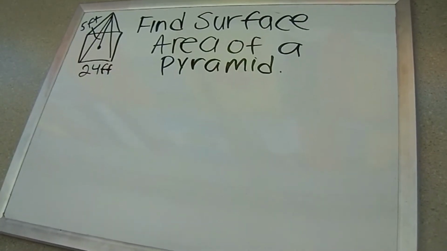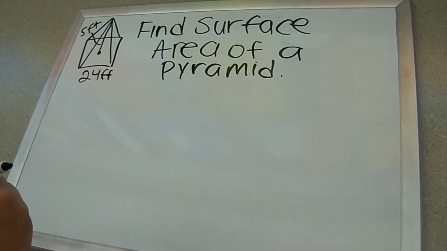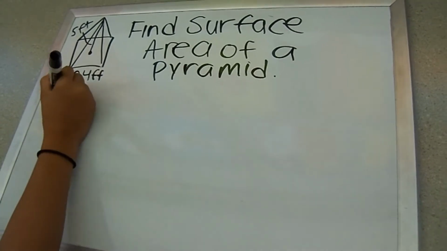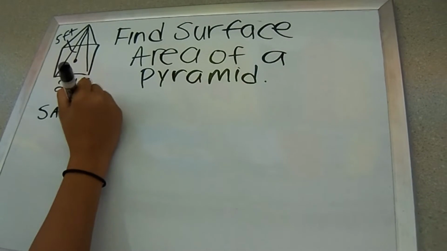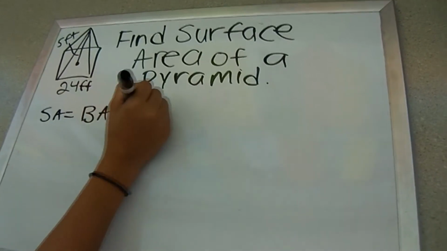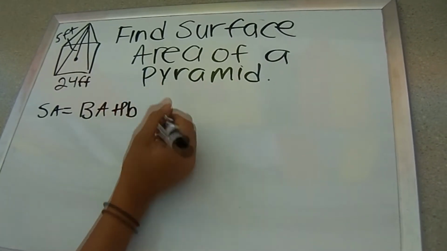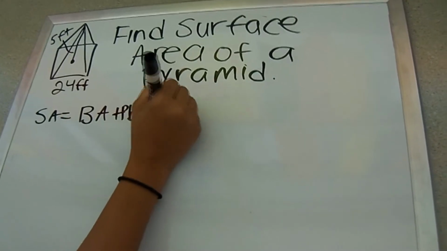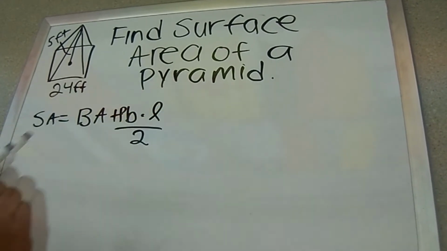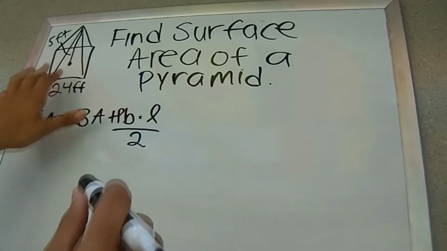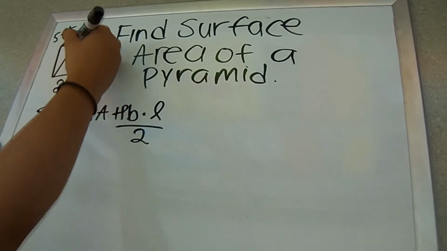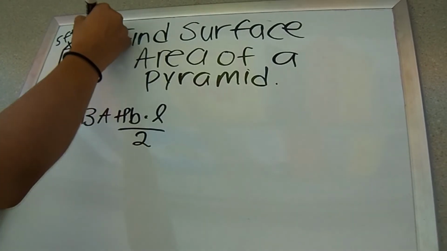Surface area of a pyramid. First, the formula. The formula is surface area equals base area plus perimeter of the base times L divided by 2. From there, we would find the lateral area first, which is this part right here.